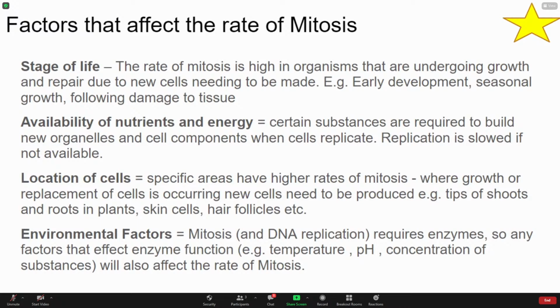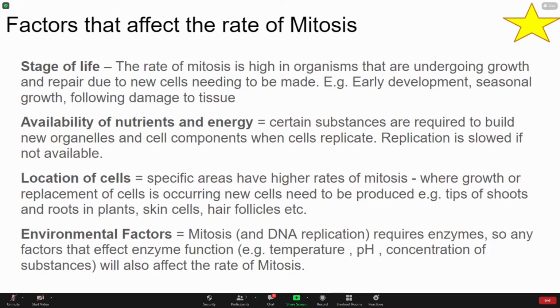So we know that substances and nutrients are required to build new organelles, to build new cell components, which all need to be duplicated when our cells replicate. So replication is slowed down if there are insufficient amounts of nutrients or energy available to the cell. It means that they're not able to go through replication or mitosis as quickly as they could.